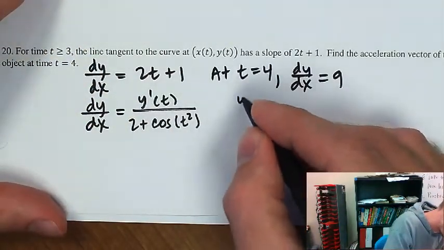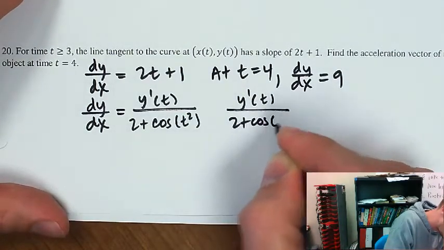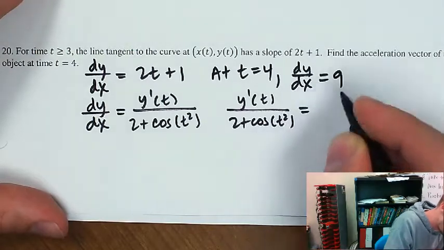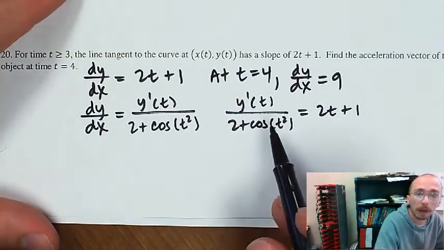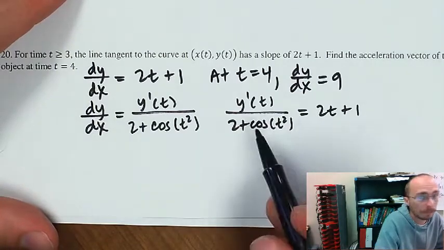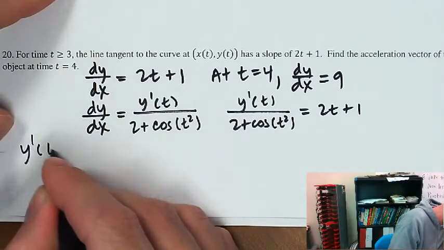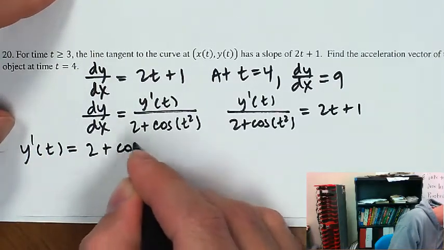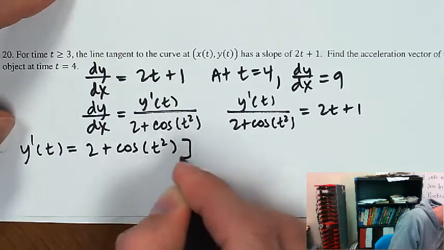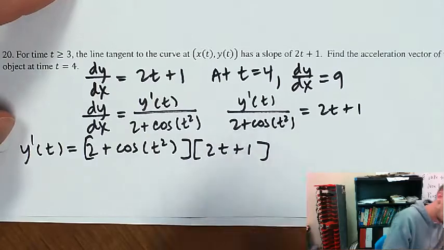So y prime of t over 2 plus cosine t squared is going to equal 2t plus 1. Then I can solve for y prime of t by multiplying over there. So now I've got y prime of t equals 2 plus cosine of t squared multiplied by 2t plus 1.